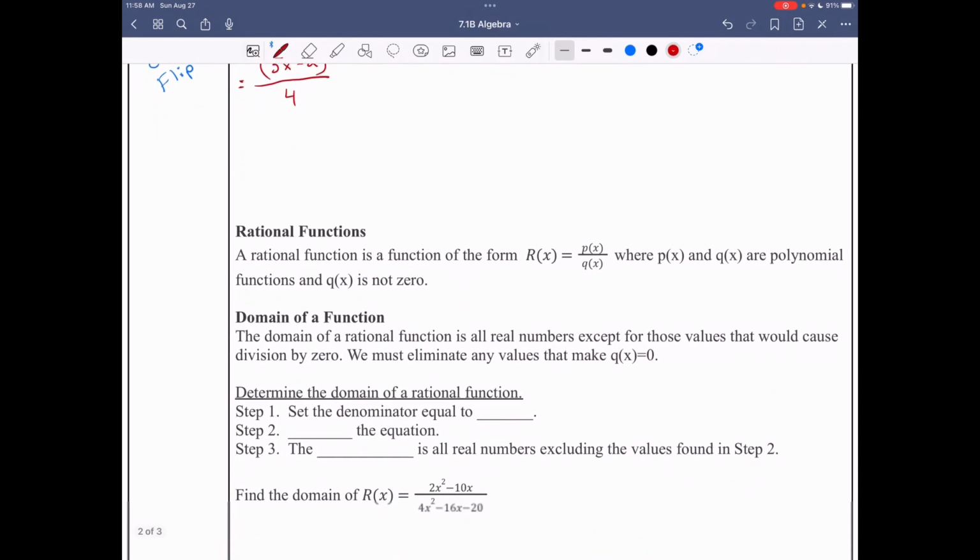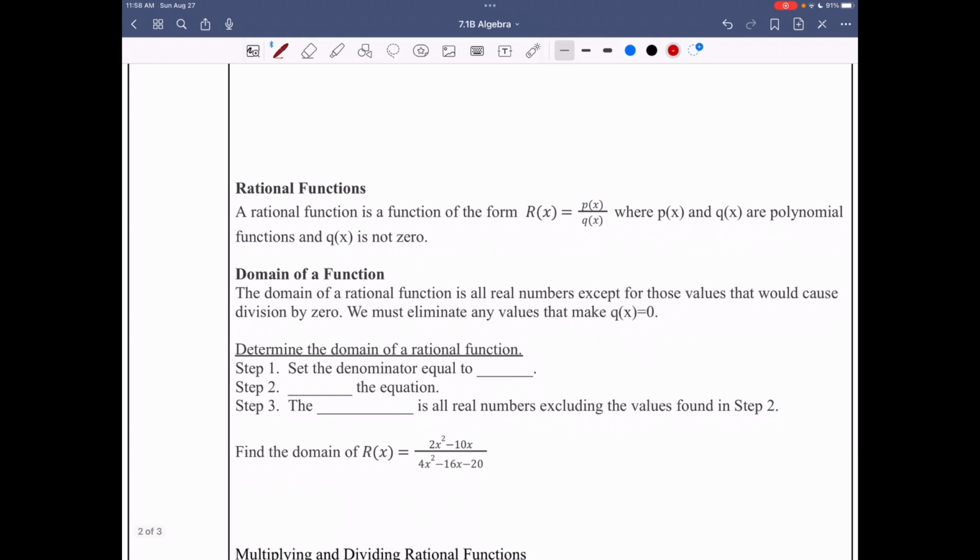Rational functions. A rational function is a function of the form R of x equals P of x over Q of x, where P of x and Q of x are polynomial functions and Q of x is not 0. So in this section, we're going to learn about domain. The domain of a rational function is all real numbers except for those values that would cause division by 0.